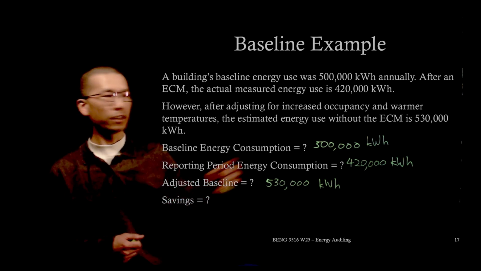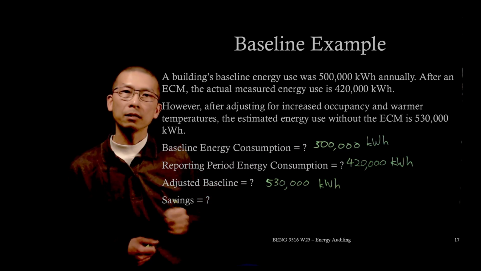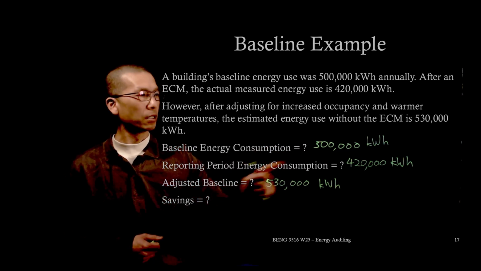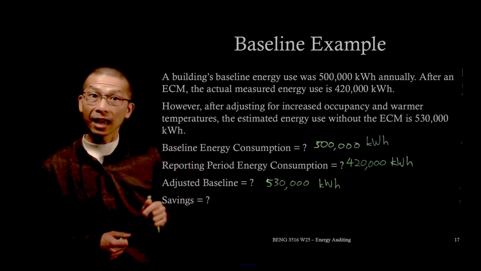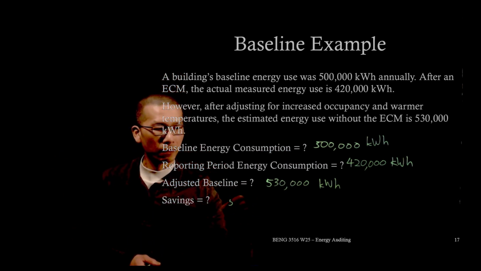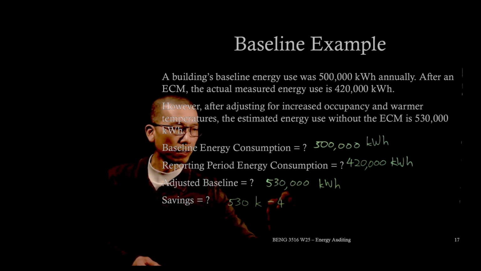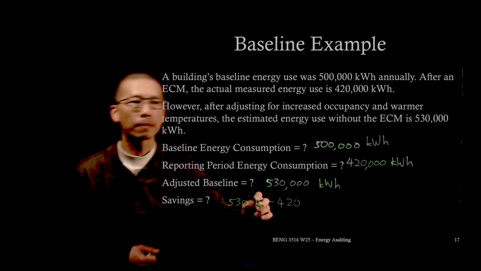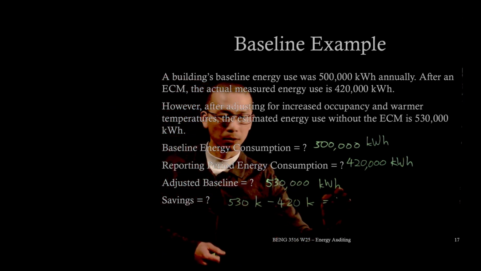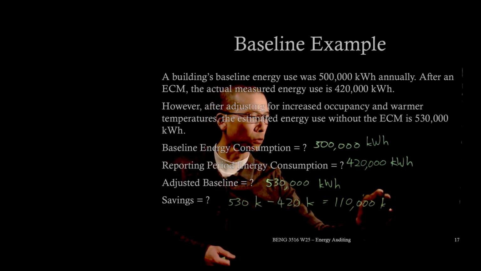The real saving before the adjustment is only 80,000, but with the adjustment, it's actually 110,000. So the saving here is 530 minus the 420, kilowatt hours. So that would be 110,000 kilowatt hour.